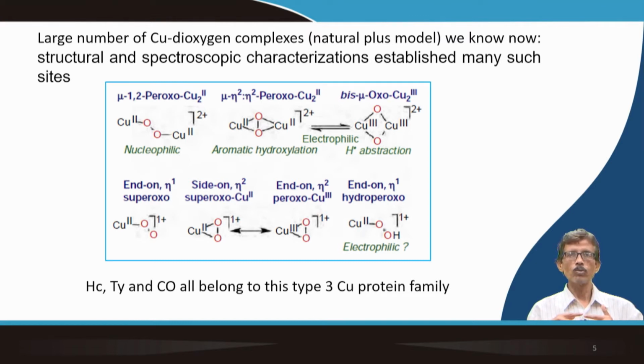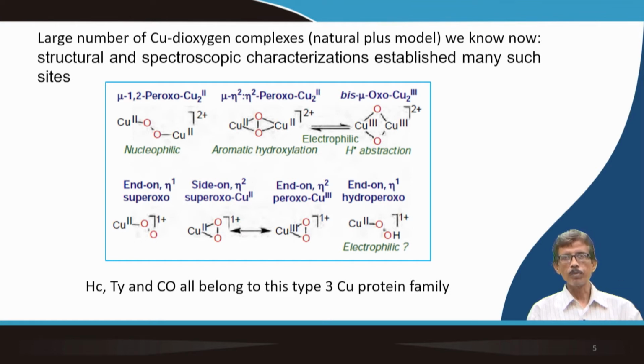Many model compounds you can have where you can break the O-O bond, where you have the initially formed mu eta 2 binding, the hemocyanin type of molecule. If you break it, the individual oxygen centers can take up more electrons from the copper centers, making those two copper centers trivalent, which is very unusual, but sometimes you can get it in synthetic molecules, and you have two oxygen centers which are your oxide centers.